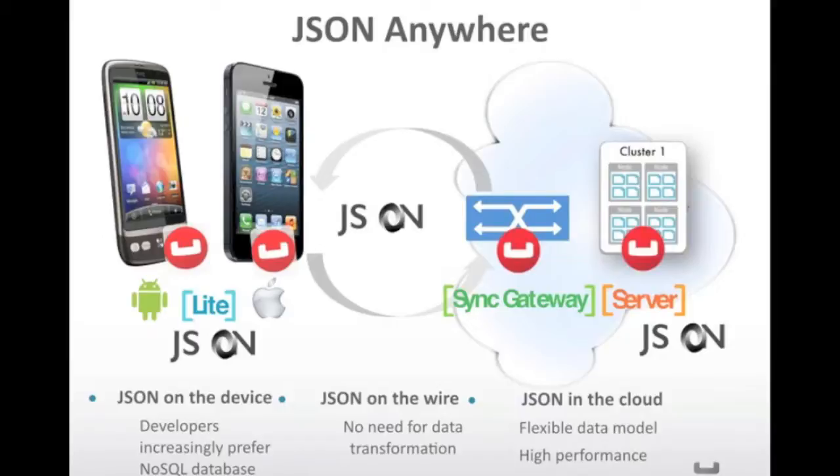So the last place that we keep JSON, which is where we've been doing this for a long time, is in Couchbase Server, which is a JSON NoSQL database. I'm sure you can find plenty of information about Couchbase Server online, but for our purposes here, it's your storage engine, and it allows you to scale up your application as new users join.